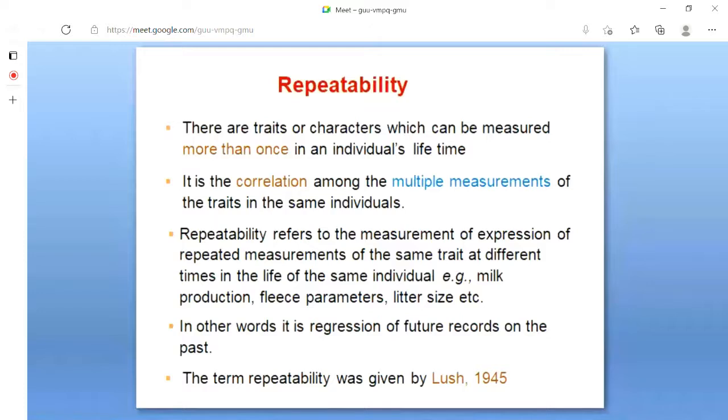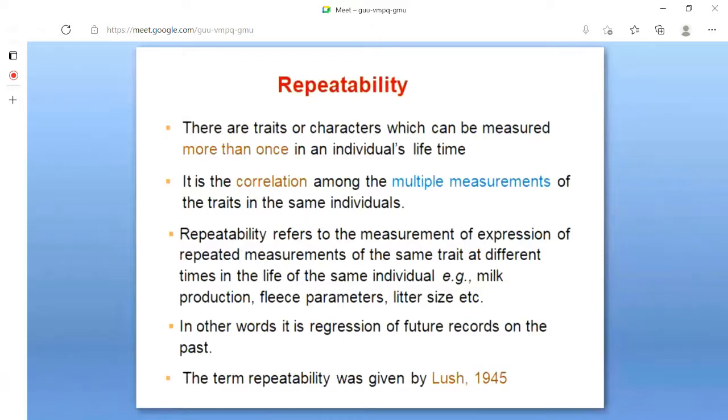Repeatability refers to the expression of repeated measurements of the same trait at different times in the life of the same individual. For example, milk production, as I told you, fleece parameters, litter size, etc.